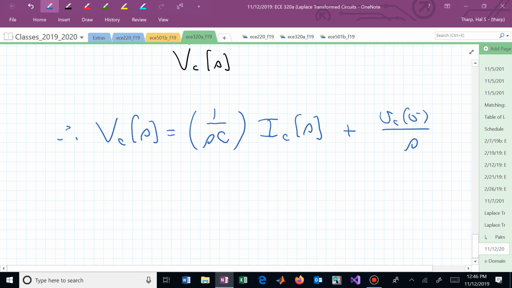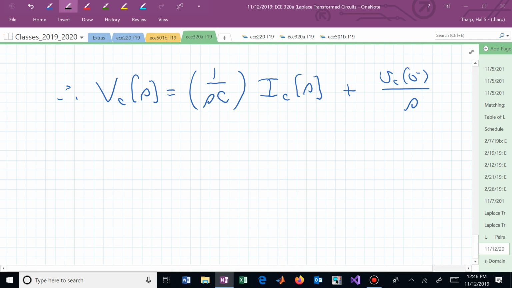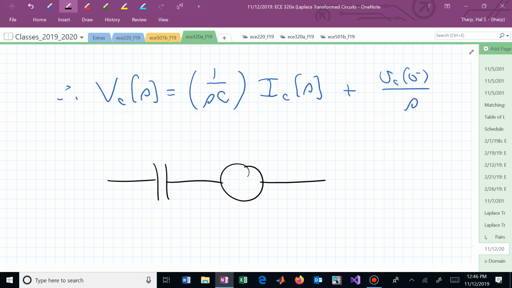We end up with the C's canceling, and we have then V sub c of 0 minus over S. And in terms of its schematic to drop in to give us our S-domain equivalent circuit, we have our impedance 1 over SC. And now, which way?